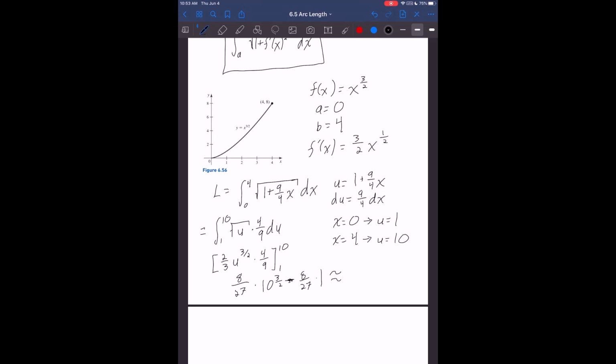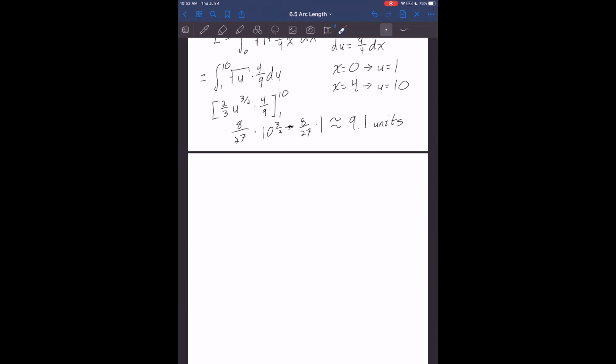Which is going to be approximately, if you plug it into your calculator, about 9.1 units. So if you were walking along this curve right here, at the end, after you reach x equals 4, you would have gone about 9.1 units.